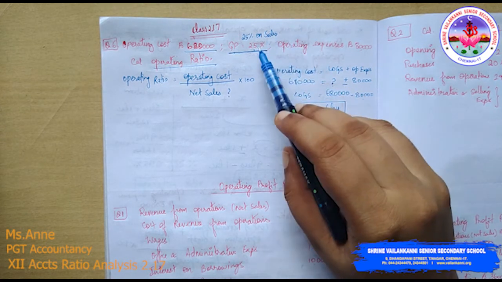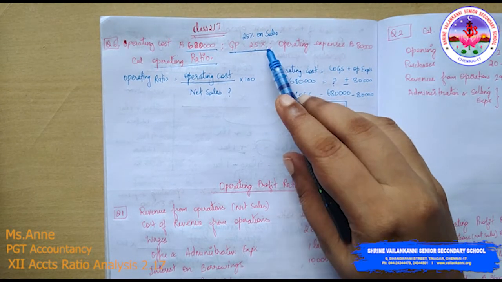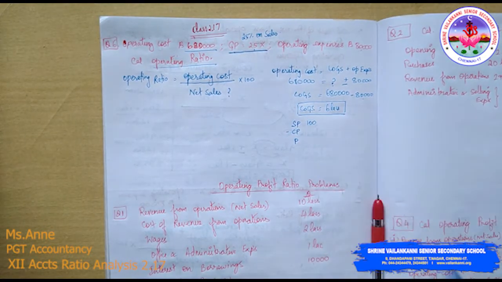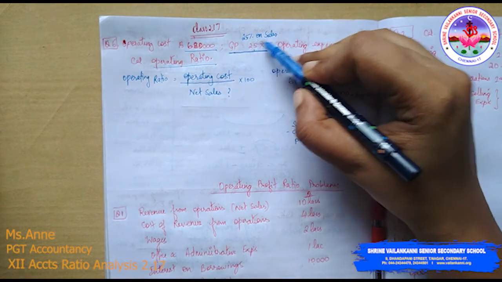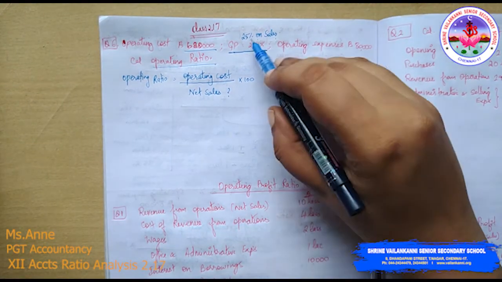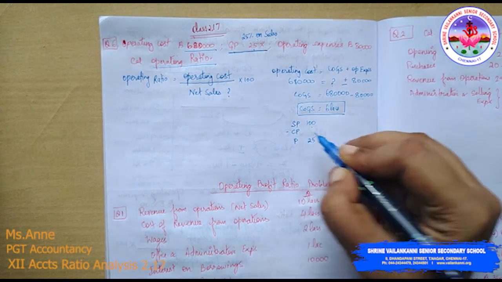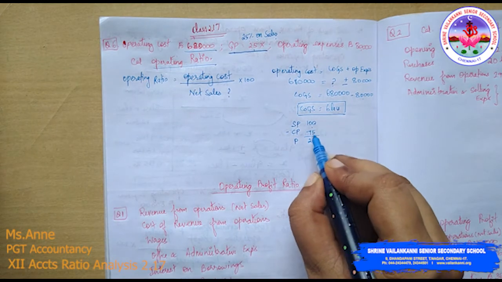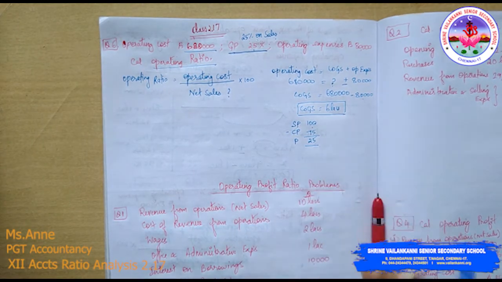If it is on cost, it will be given in the problem. So I am assuming sales, which means you have to take sales as 100. Let 25% be 25, which means cost price is 75, because 100 minus 75, your profit is 25.